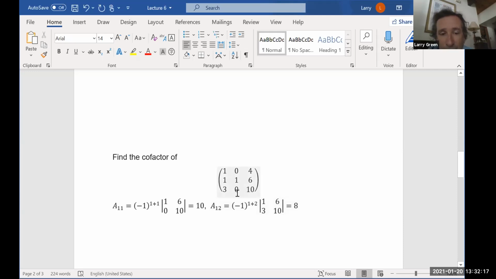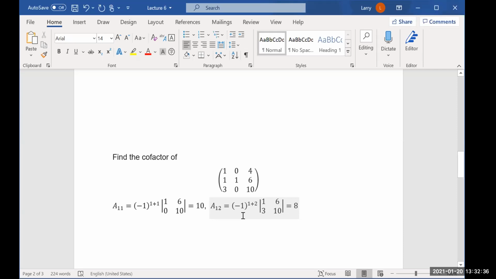And what I'm left with is 1, 6, 3, 10. So I'm looking at the matrix 1, 6, 3, 10. Then I calculate that. What's negative 1 to the 1 plus 2? Negative 1, yeah, because 1 plus 2 is odd.